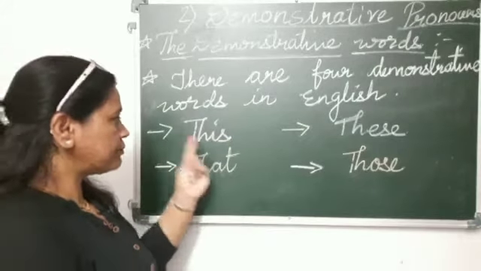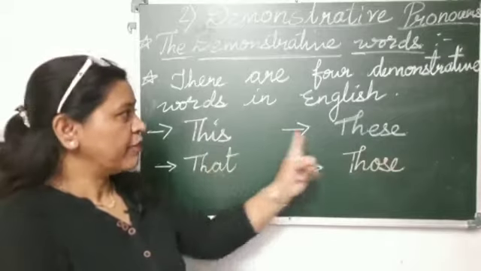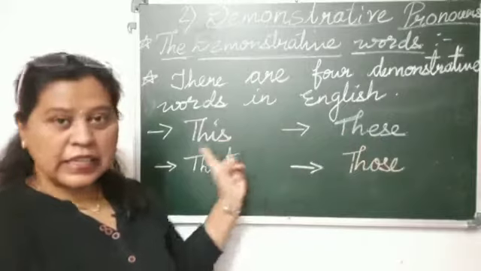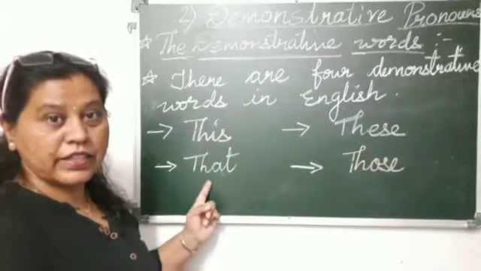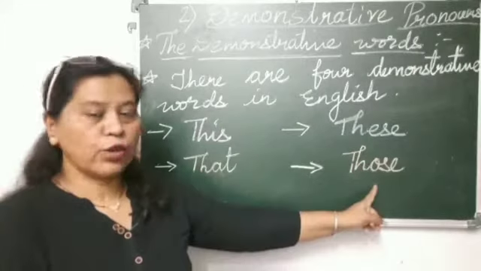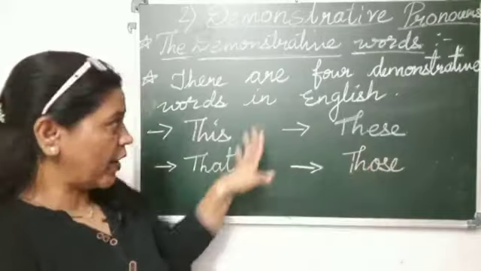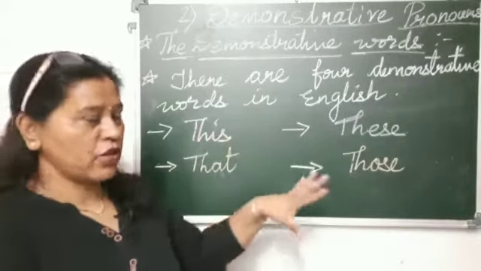What are those? First is this, and these. The third one is that, and the fourth one is those. Now you understand what demonstrative words are. These 4 words are the demonstrative words.